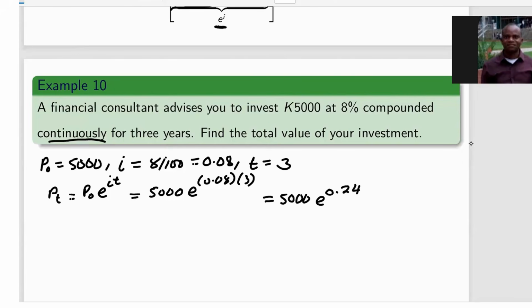So I can compute 5,000 multiplied by shift e to the power 0.24. Then automatically I'm going to get my answer, which is 6,356.246, rounded off to 3 decimal places.